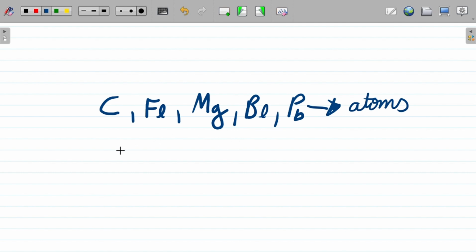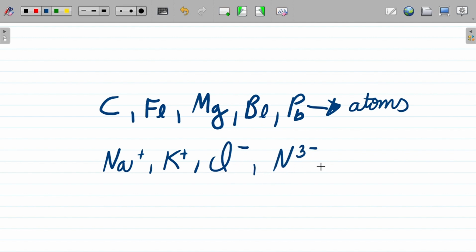Now let's take a second group. Notice how each of these has a positive or negative charge written in the top right corner.